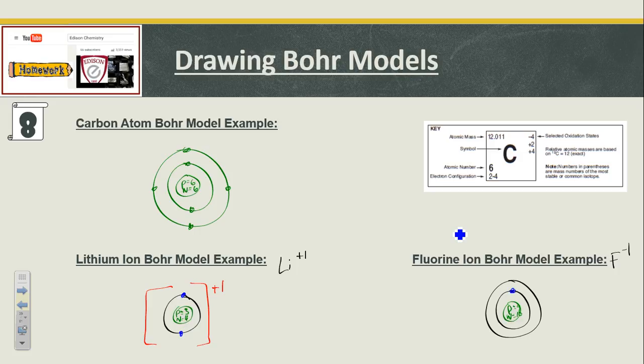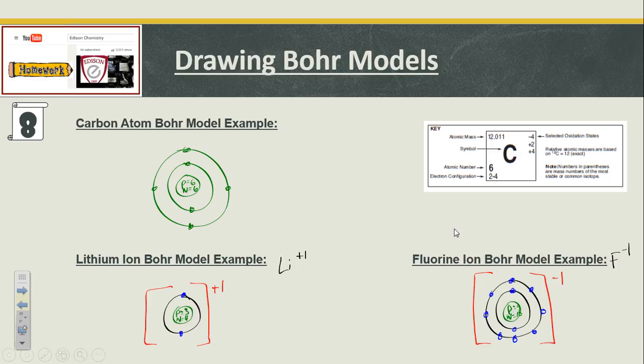So instead of 2-7 for my electron configuration, I'm going to do 2-8, adding that 1 more electron to the outside valence shell. And I will give it a -1 overall charge.